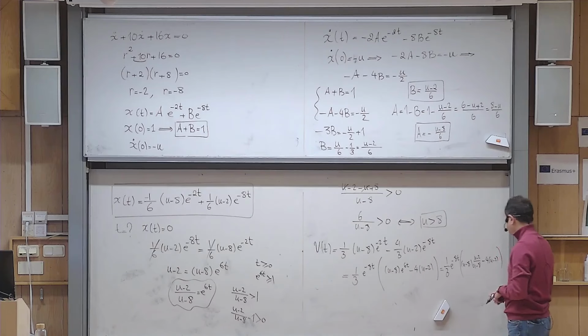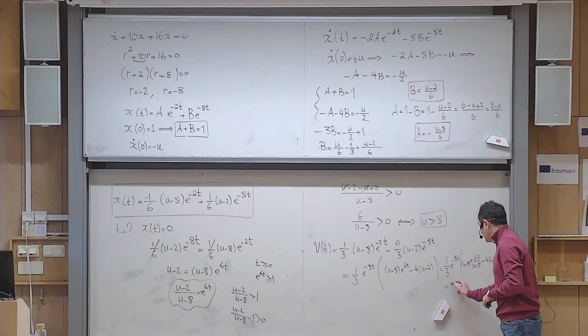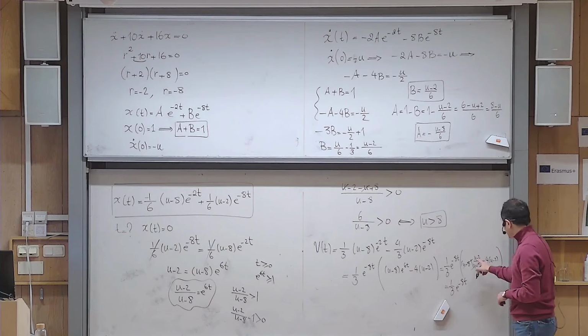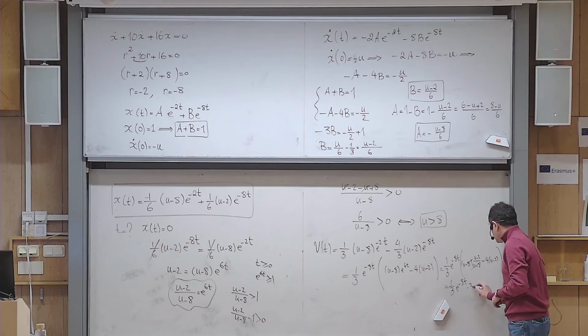Agree? Now this u minus 8 and that u minus 8 are cancelled, so I get 1/3 e to the power of minus 8t. So here I have u minus 2 minus 4 times u minus 2. So it becomes minus 3 times u minus 2.